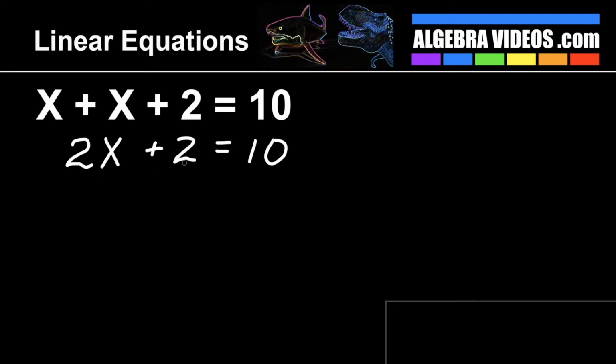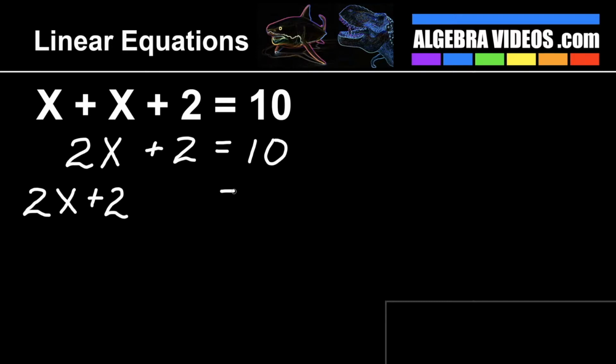Now I'd like to get rid of this 2. And the last thing we'll do is get rid of the 2 by the x. But first we'll get rid of this 2 that's on the left side. And the way I'm going to do that is simply subtract 2 from both sides of the equation. So let me rewrite this equation. 2x plus 2. Nothing changed there.